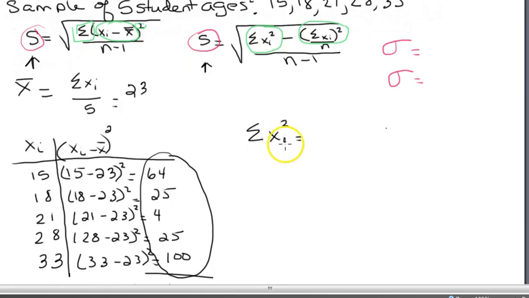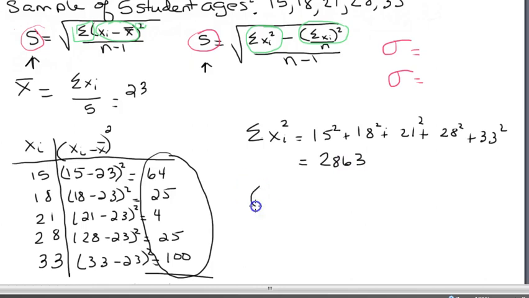All that means is I'm going to take each of my xi's, square them, and then add them up. So I have 15 squared plus 18 squared plus 21 squared plus 28 squared plus 33 squared. And if you do the math on that, you will see that you get 2,863.